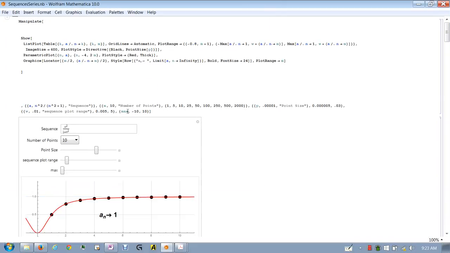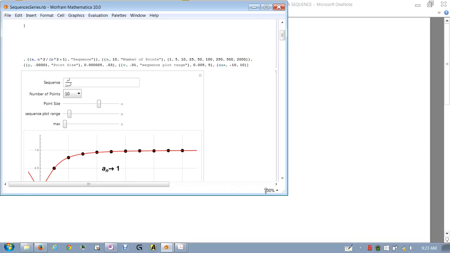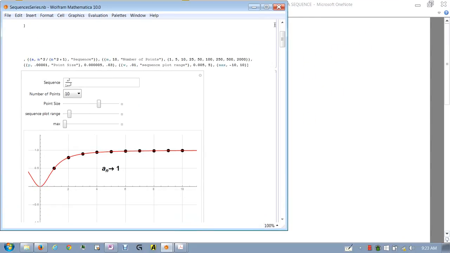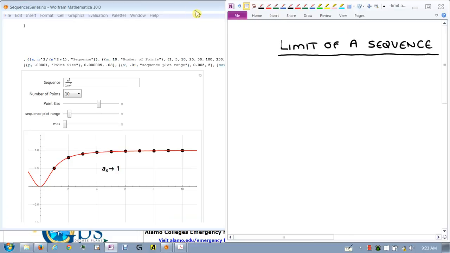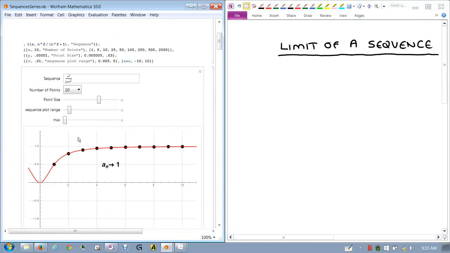let me bring up this. Take a look at this sequence. This sequence right here is the sequence a sub n equals n squared over 1 plus n squared. I'm just giving you an example.